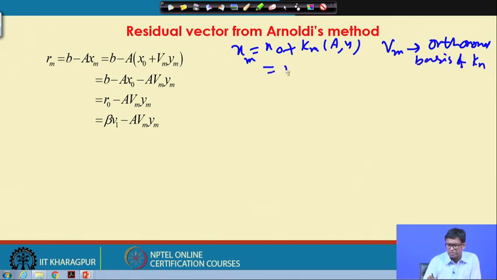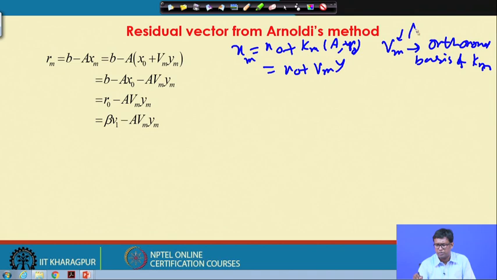So, we can write xm is equal to x0 plus Vm multiplied by y. So, xm is x0 plus the Krylov subspace of A and R0, and the orthonormal basis of this Krylov subspace is obtained as Vm from Arnoldi's method.